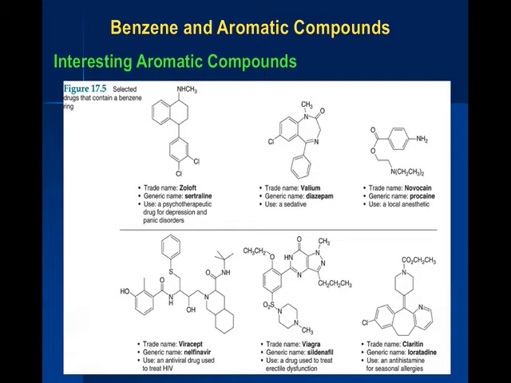Now, the thing that I've always found interesting about aromatic molecules is the fact that benzene is a carcinogen, pyridine's not good for you, and all of a sudden you start putting these things in other molecules and adding other functional groups to it, and we can treat things like our seasonal allergies, we can treat our depression, we can have our local anesthetics. So these flat aromatic rings actually play a big role in the pharmaceutical industry.